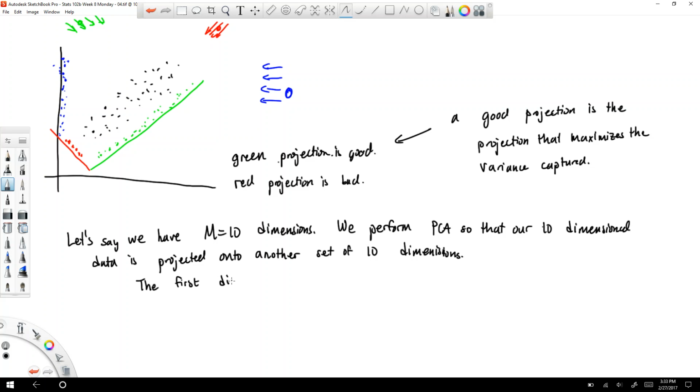The first dimension is the dimension that captures the most variance. And when I say dimension, this is just a linear combination of the other dimensions, okay?